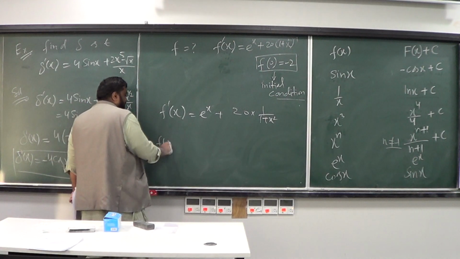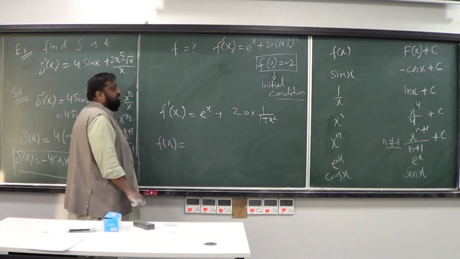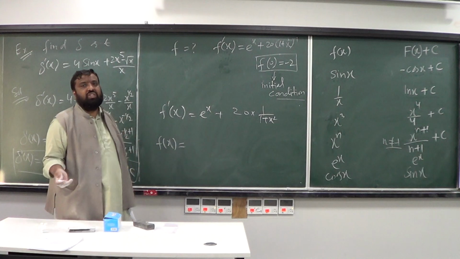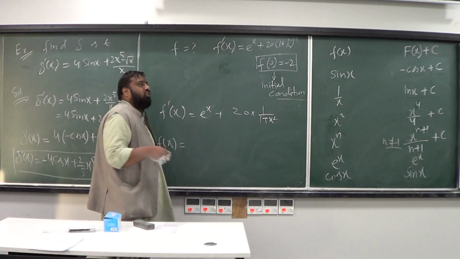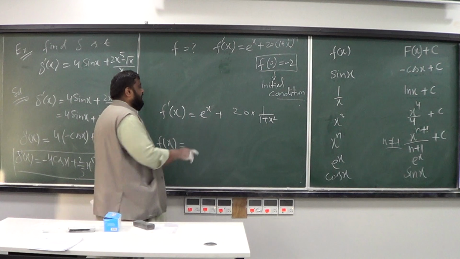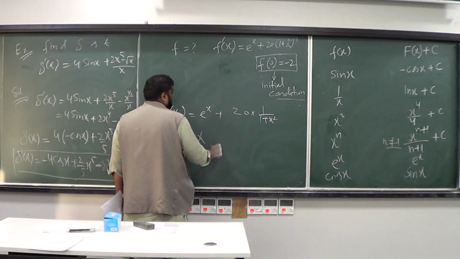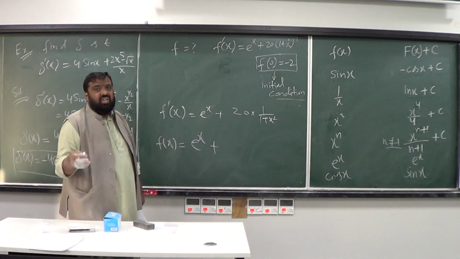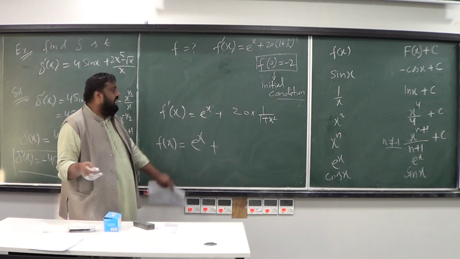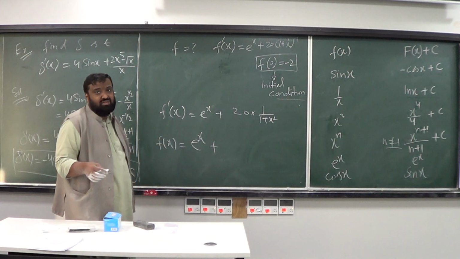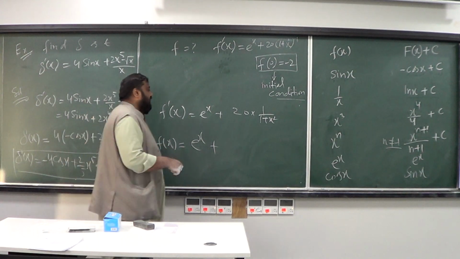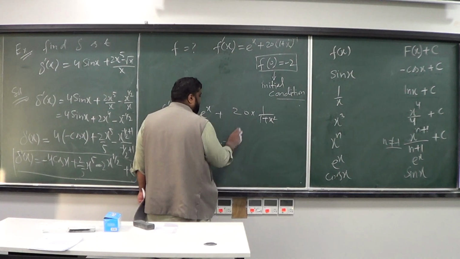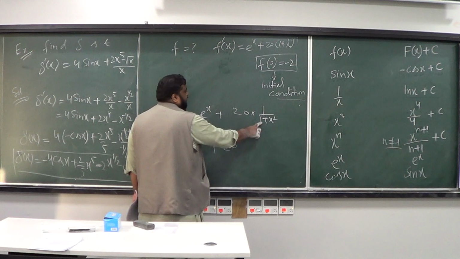Now have a guess. What is f of x? What function should I choose whose derivative is e to the x? This is going to be e to the x plus. What would be the function whose derivative is 1 over 1 plus x squared? So 20 would stay the same. The numbers which are multiplied, you're going to keep the same.